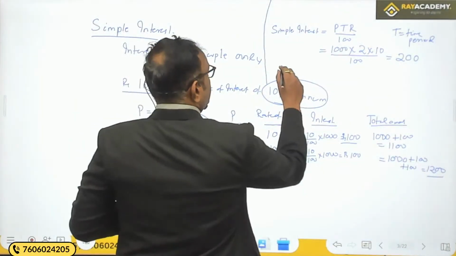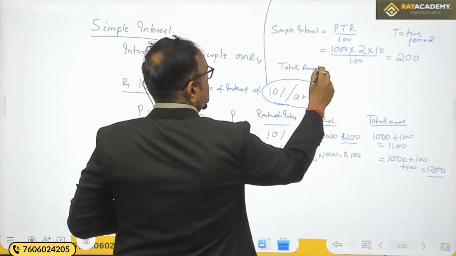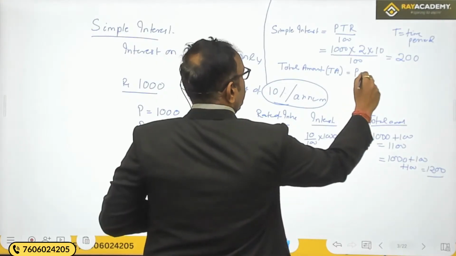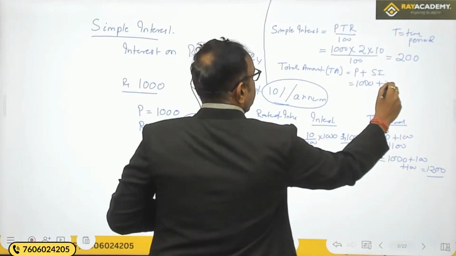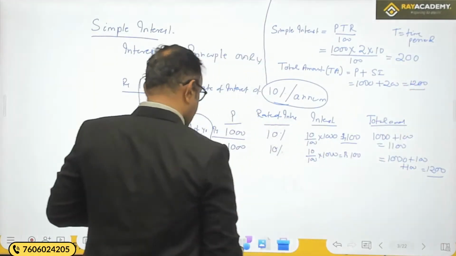Now the total amount: total amount means principal plus simple interest, so that is 1,000 plus 200 equals 1,200.